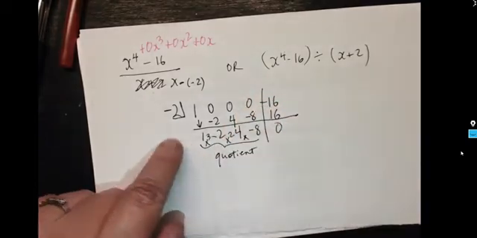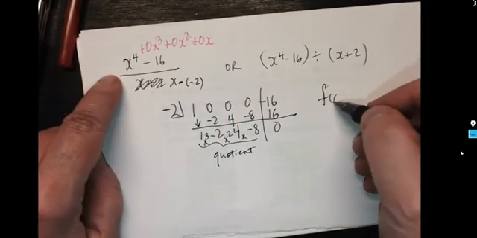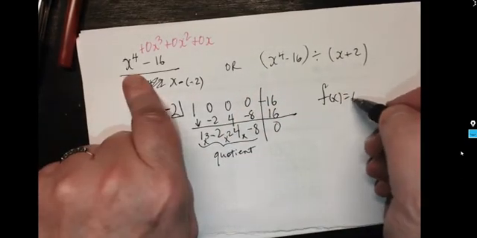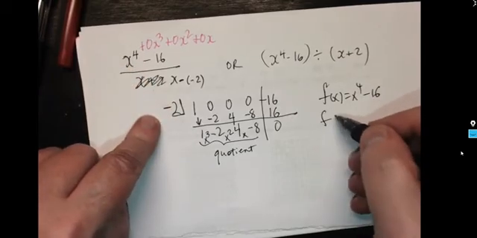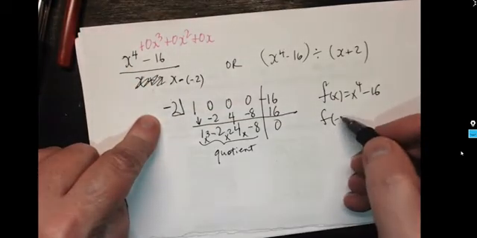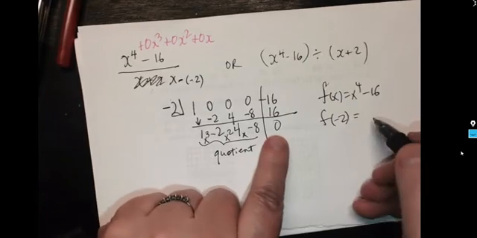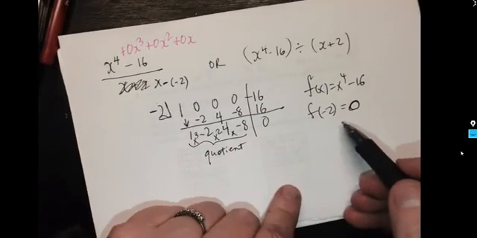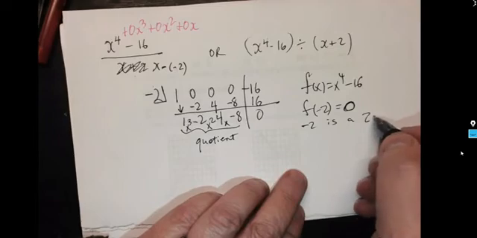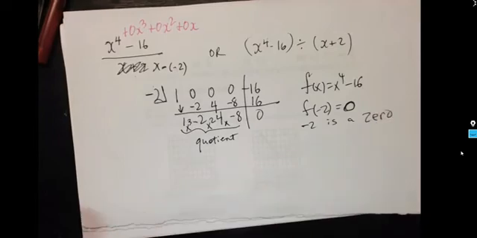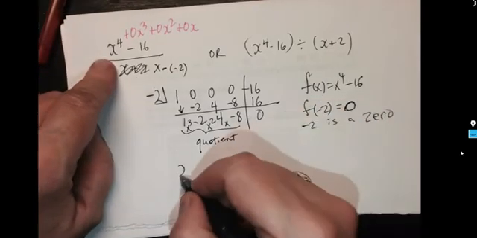for x cubed. If f of x is equal to x to the 4th minus 16, then f evaluated at the number inside the box is equal to the remainder. So negative 2 is a 0 by definition. Okay. Now I can factor this.